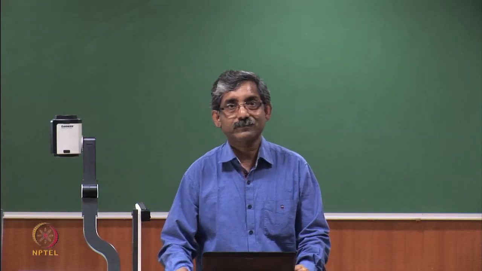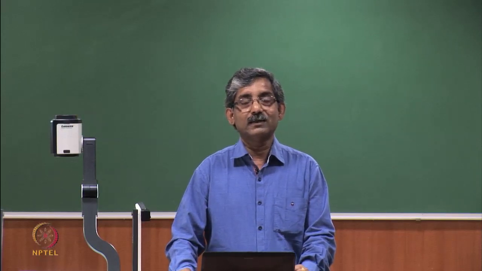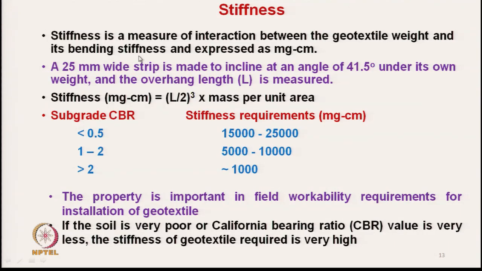How do we get the stiffness value? The bending stiffness value we get when a 25 millimeter wide strip is made to incline at an angle of 41.5 degree under its own weight and the overhanging length L is measured. It is as per the Searle stiffness tester, which we have learnt in another course.